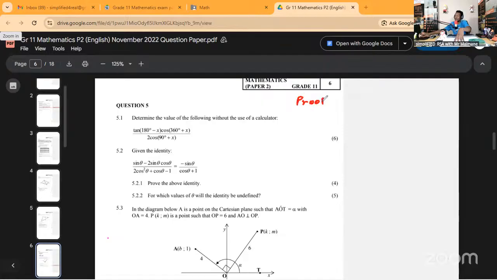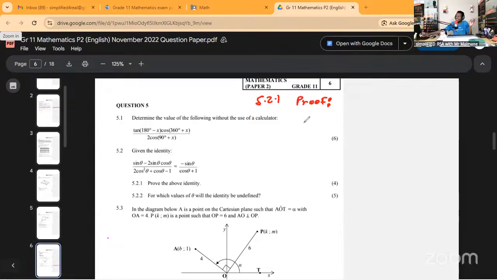So you must give them the information as it is. You write proof, and then you put 2 dots like that. That's how you answer this question. So you're going to do your 5.2.1, and then you write proof, because you are proving, so you are showing your proof.